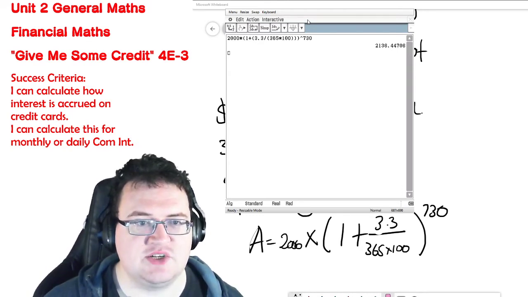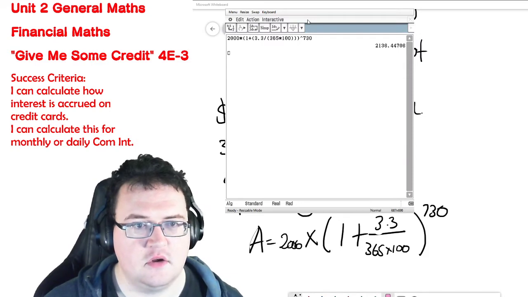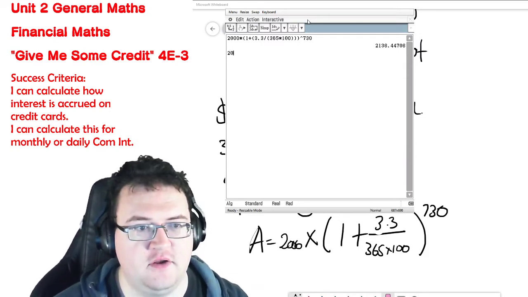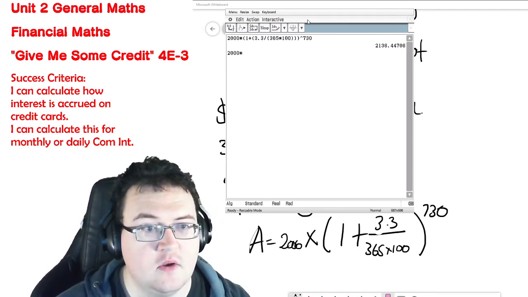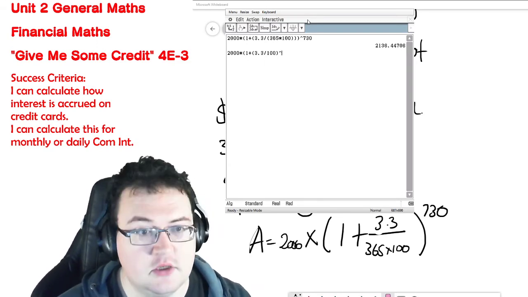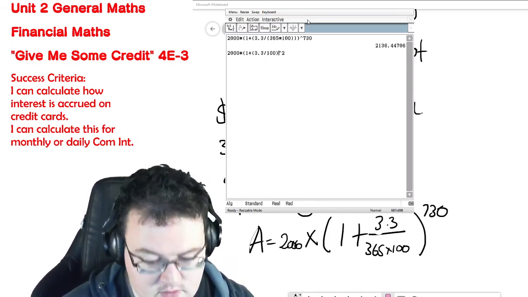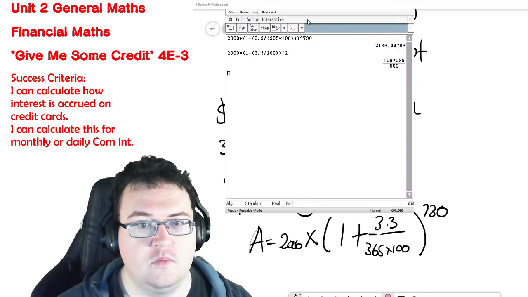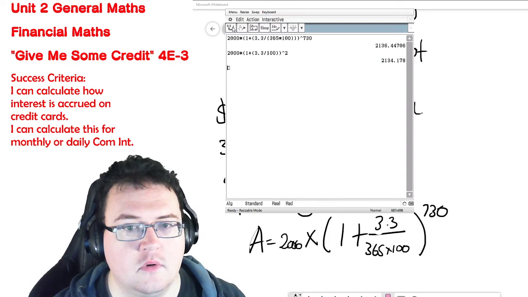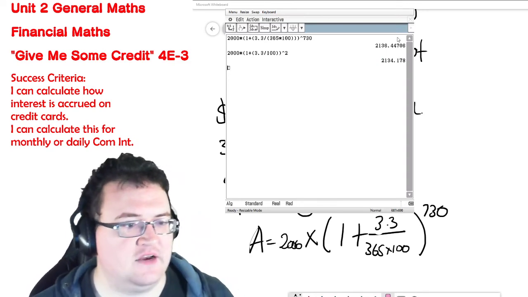Now that's slightly different to the old way of working it out, because if I compare it to 1 plus 3.3 over 100 to the power of 2, it's slightly different.